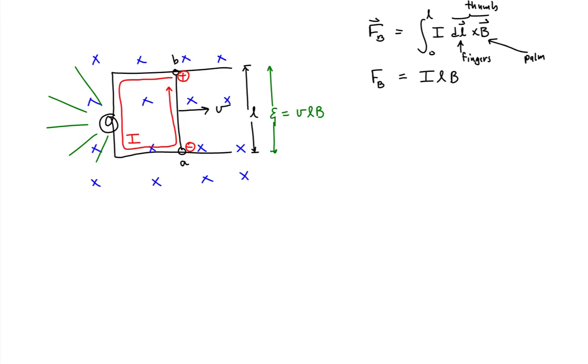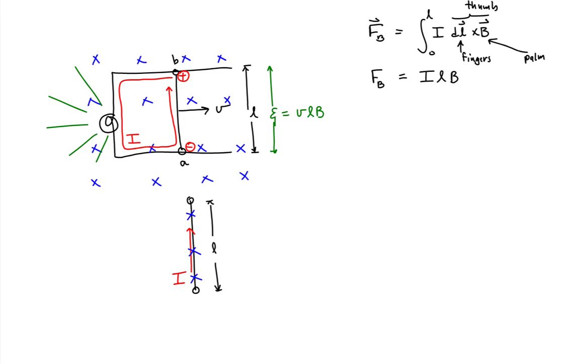So for this wire, let's illustrate the wire down here. This wire has a length L, and this is the movable wire. This wire is carrying a current up, and the magnetic field acting on the wire is pointing away from us.